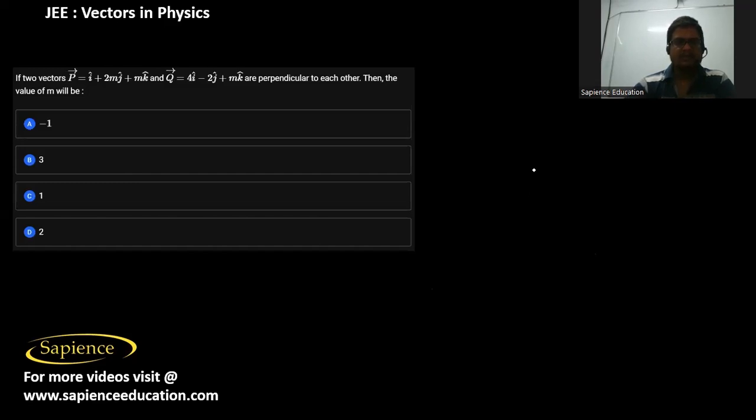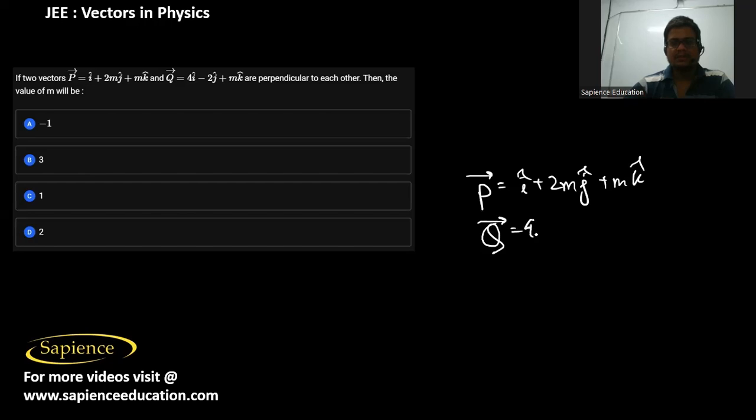And here it is told if two vectors, P vector that is equal to i cap plus 2m j cap plus m k cap and Q vector that is equal to 4 i cap minus 2 j cap plus m k cap are perpendicular to each other, then the value of m will be.